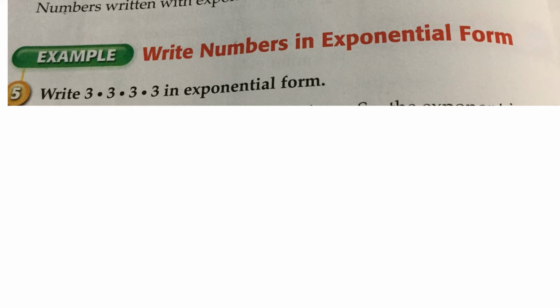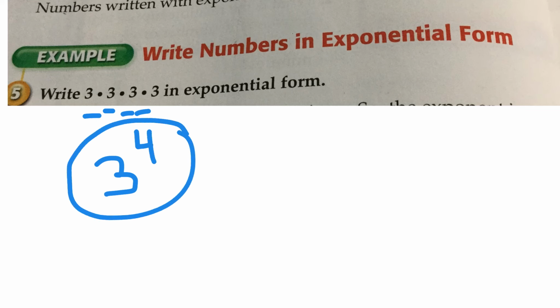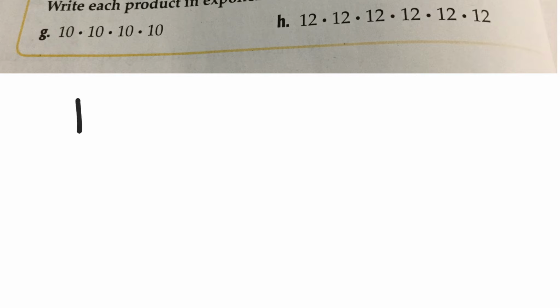So when I multiply this, what number is being multiplied over and over? 3. So I make 3 my base of the power. And then the exponent is how many times was 3 being multiplied? 4 times, so that is the exponent. So I can rewrite 3 times 3 times 3 times 3 as 3 to the 4th power. And that's my final answer in exponential form, because it's the thing being multiplied over and over. And you get to the 4th power because it's being multiplied 4 times.